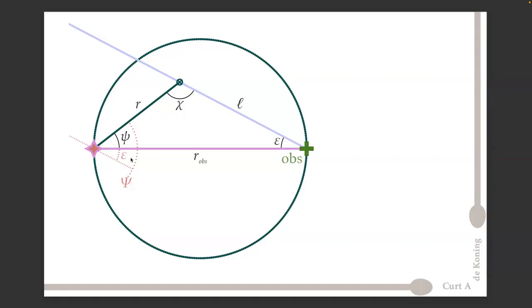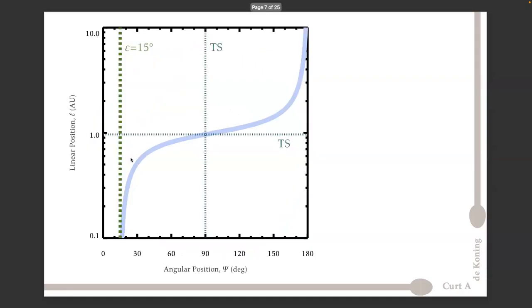So what we're looking for now, again, I said that you could express position along the line of sight either in terms of regular, linear position L, or in terms of angular position psi. Here we have a plot that shows how the linear position varies with respect to the angular position.